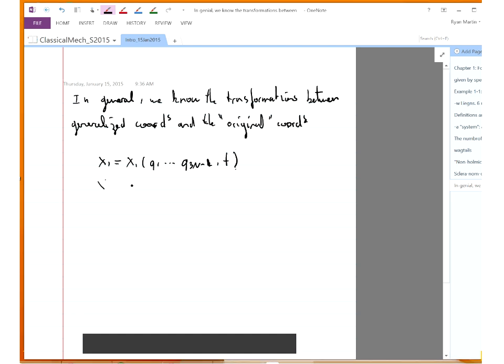Let's say y1, we would know what function of the q's that is. And then we would know that for all the particles.